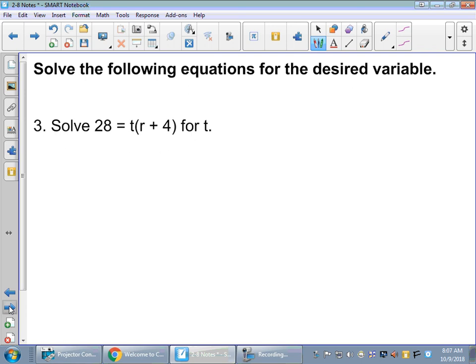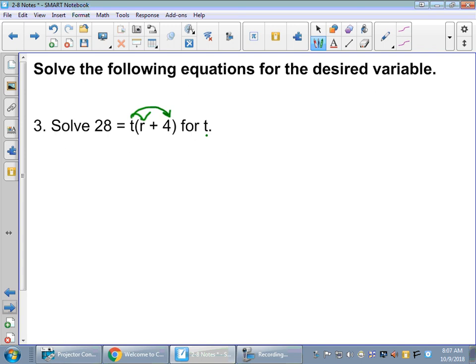I have one more here, and then we'll get into a word problem. This time we're solving for the variable on the outside of a quantity. When it's sitting on the outside of the quantity, it really means multiplication, and so we would distribute normally. But since t is the variable that we want to get by itself, if I distribute this into those two, I just made t even more complex.